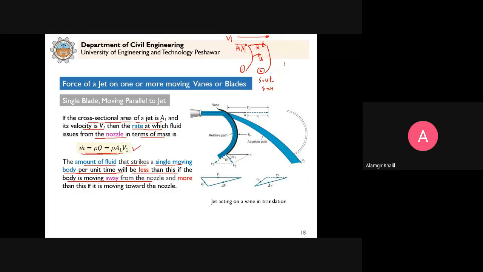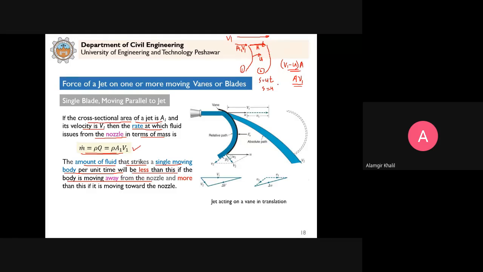What will be the remaining? V1 minus U, multiplied by the cross-sectional area A. This will now hit the vane, because this is the relative velocity. So this is the discharge that will hit the vane.